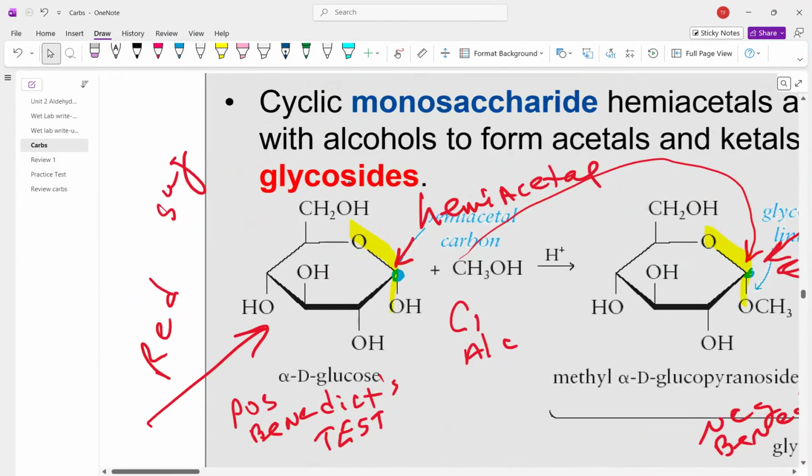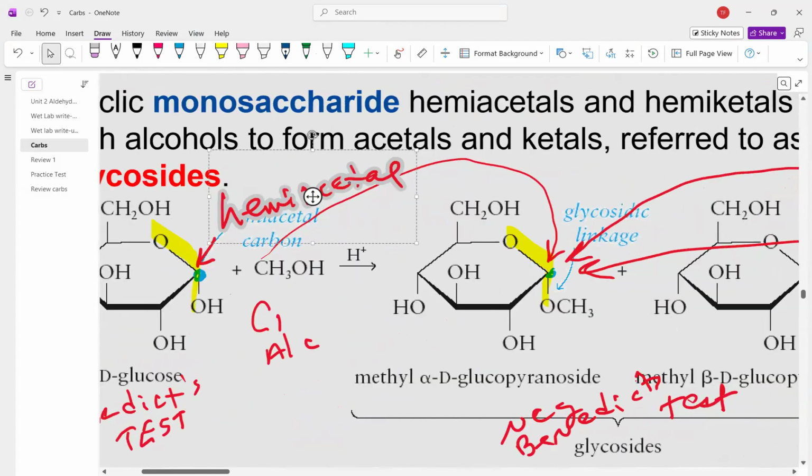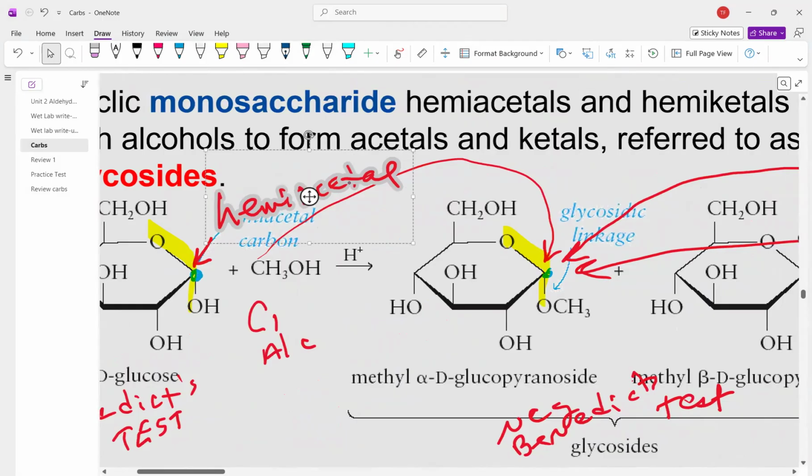Plus an alcohol. In this case, we're not using a carb as an alcohol, we're just using methanol. So it can also form an acetal from a hemiacetal, and that's what we have here. So we have OCO.